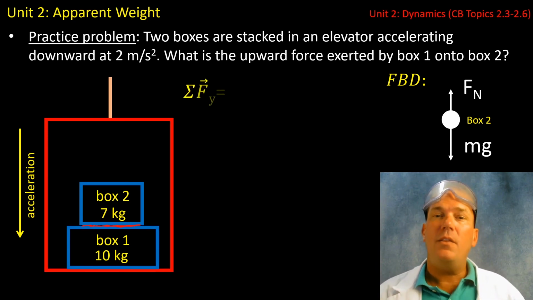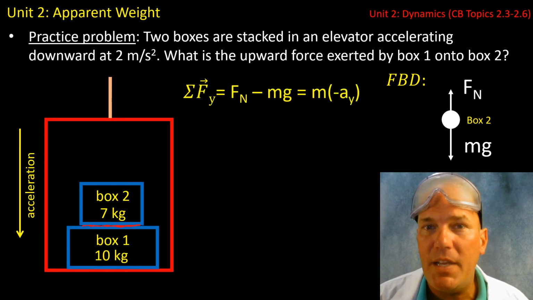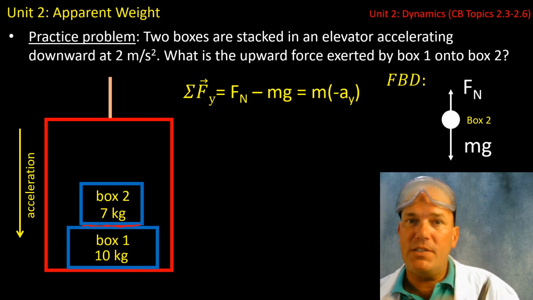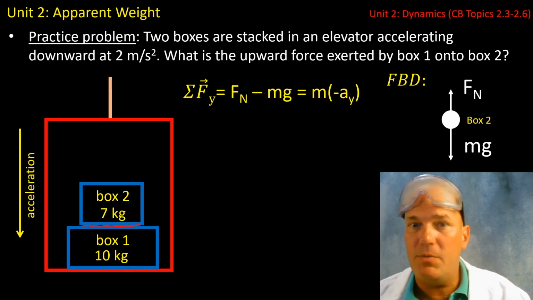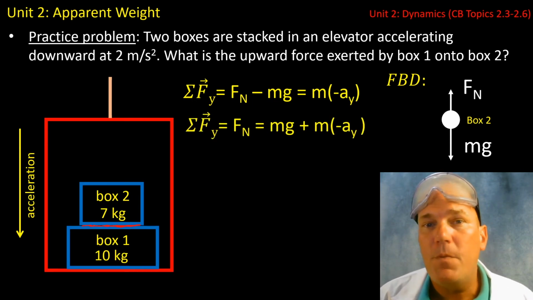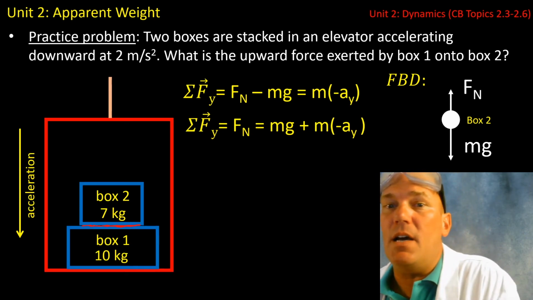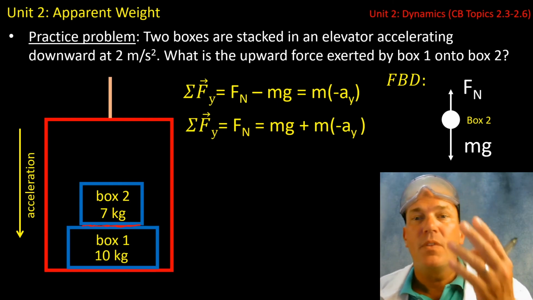Now let's sum the forces. Let's call up positive, let's call down negative, in which case our acceleration for the elevator is in the negative direction, and thus I've included the negative signage here. Let's solve for force normal, because that is the upward force. That's this apparent weight concept.